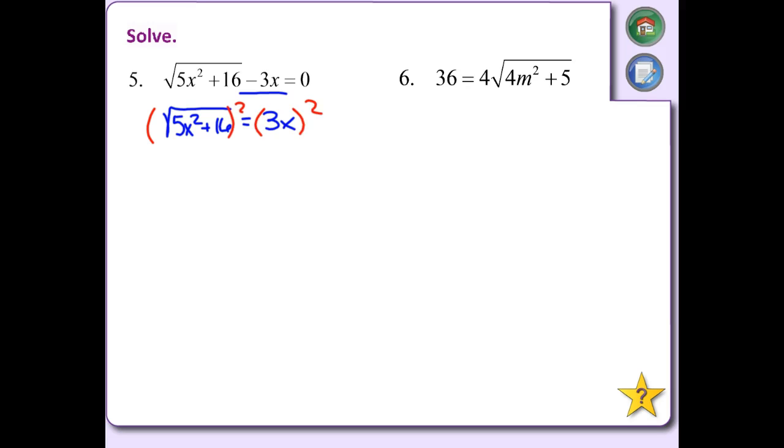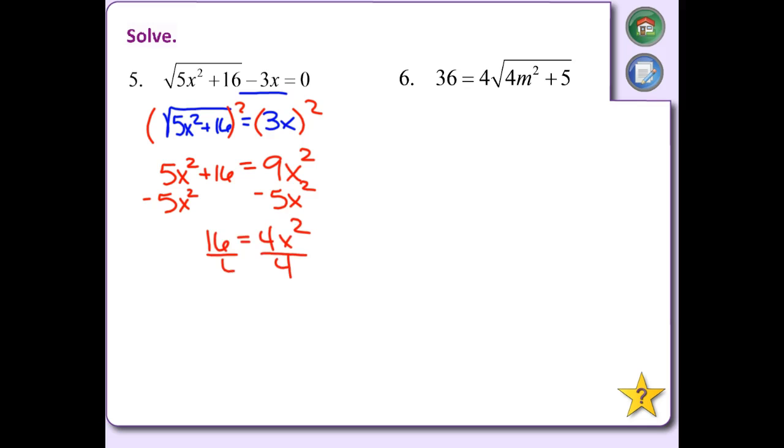So we're going to have 5x squared plus 16 equals, and if I square that, what are we going to get? 9x squared. Let's get the x squareds together. So I have 16 equals 4x squared. We're going to divide everything by 4. So x squared equals 4. So x has to equal plus or minus 2.